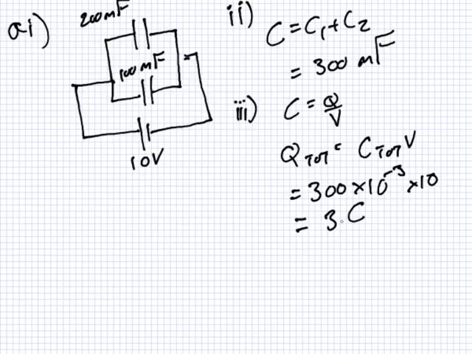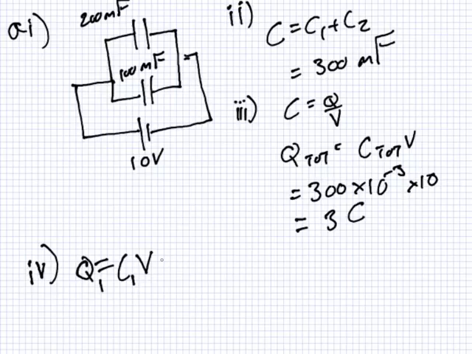Yeah. What's part 4? What is the charge on each capacitor? Okay, so for each capacitor, for example, Q1 equals C1V. Now, because they're in parallel, the voltage is the same, it's 10.